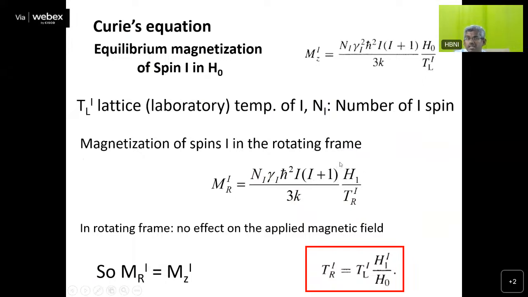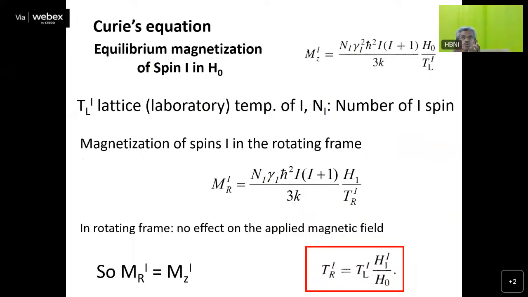So MRI means it is in the rotating frame. Here it is in the laboratory frame, which depends upon the applied field, but in the rotating frame we do not have H0. Why is H0 not there? Because we are moving at a frequency which corresponds to H0.